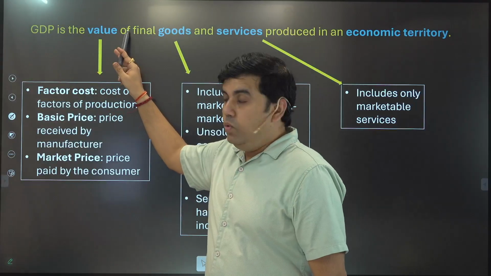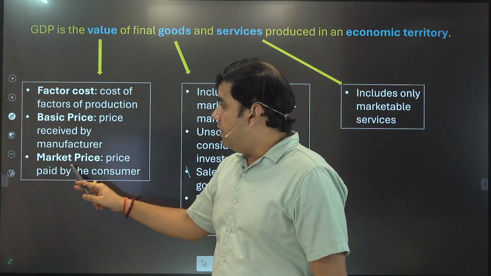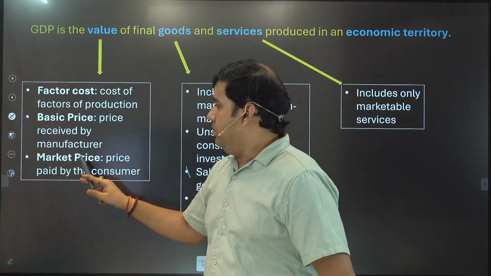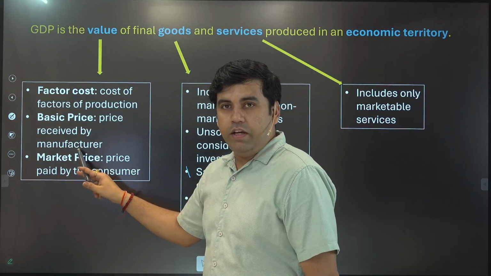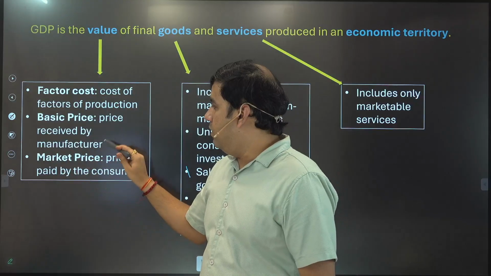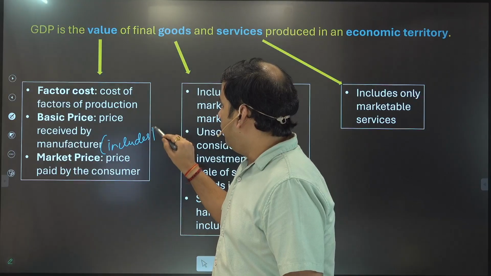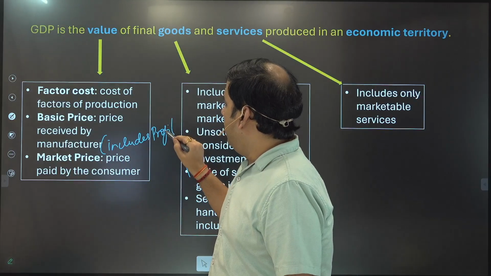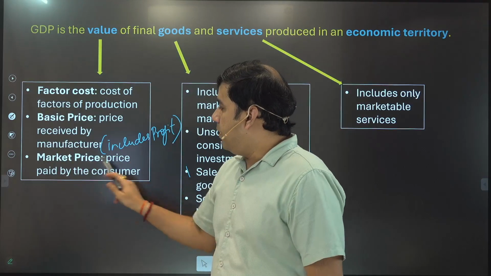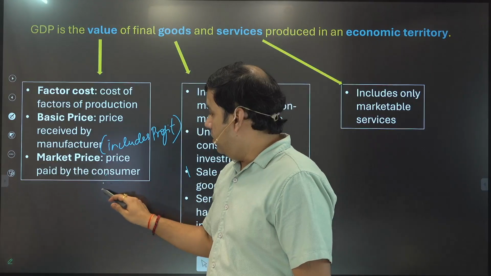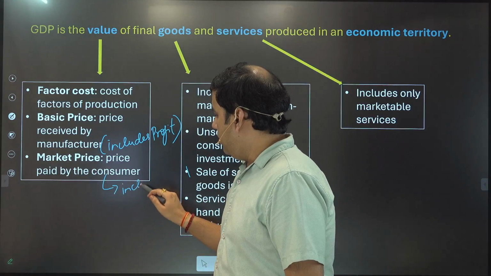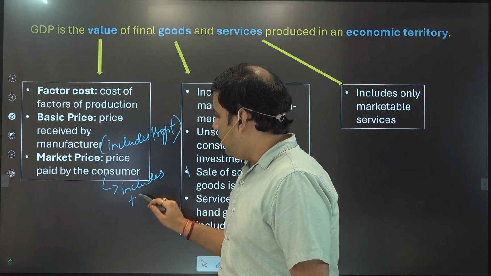GDP is the value at factor cost, base price. The second stage is base price, right? The price received by the manufacturer. So obviously the price the manufacturer receives includes profit. Market price, the price paid by the consumer, includes taxes.